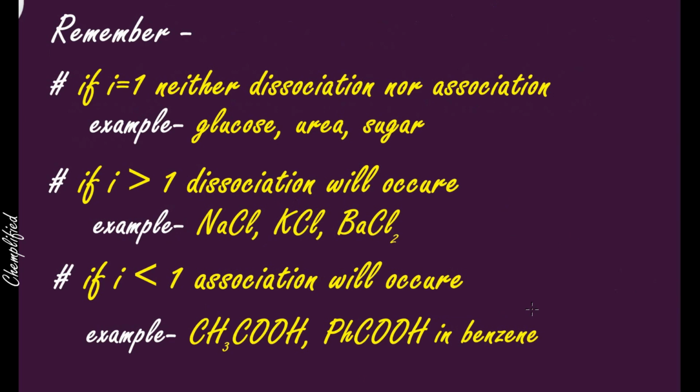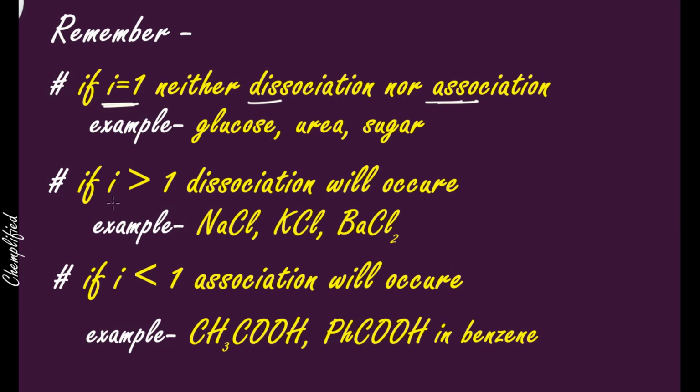Now remember, if the value of i is equal to 1, neither dissociation nor association will occur. It means the particle will not divide. Examples are glucose, urea, sugar. They dissolve in the solution but they do not make ions or combine together to form a new particle.